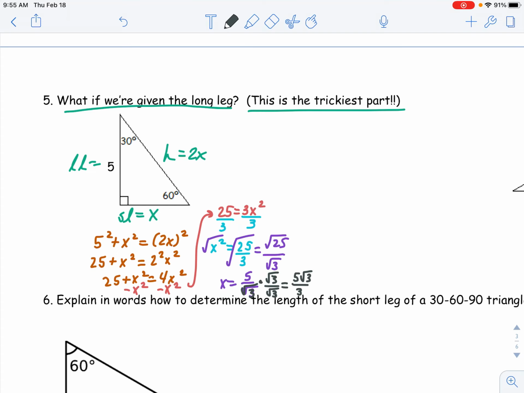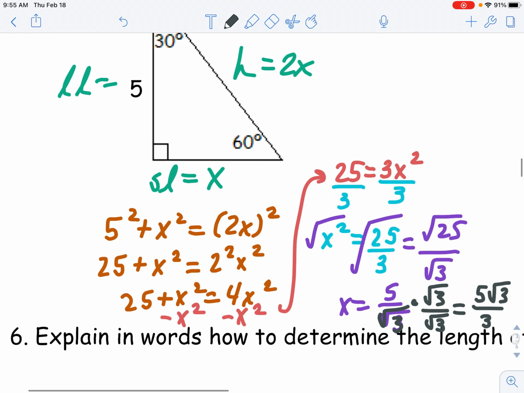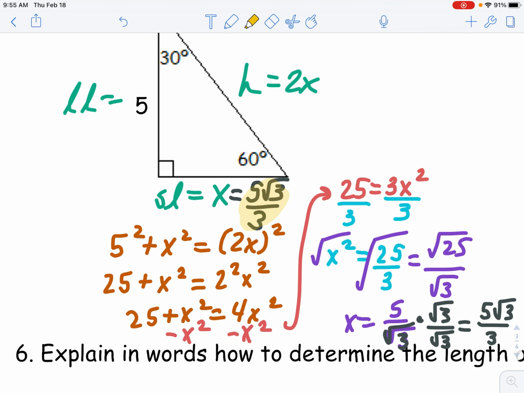That's what x equals. And then to find the hypotenuse, we just multiply that by 2, which isn't too scary. It's just going to be 10 radical 3 over 3.